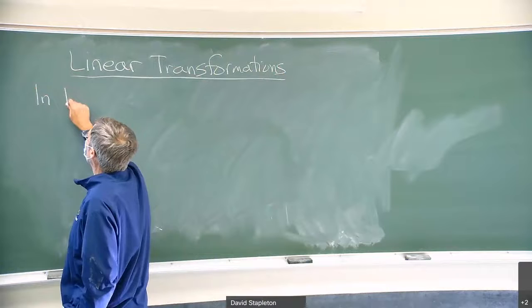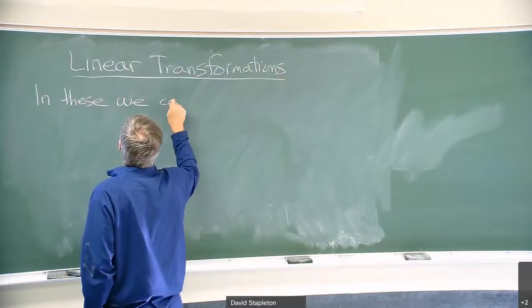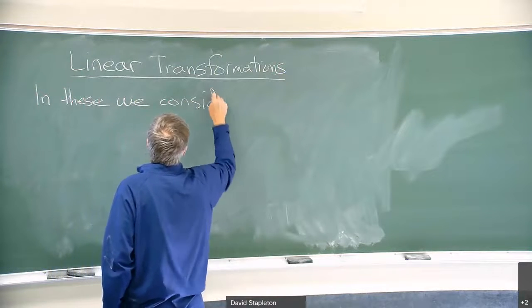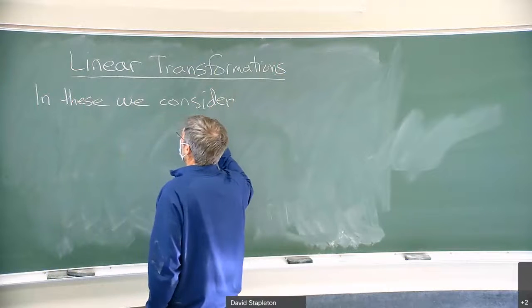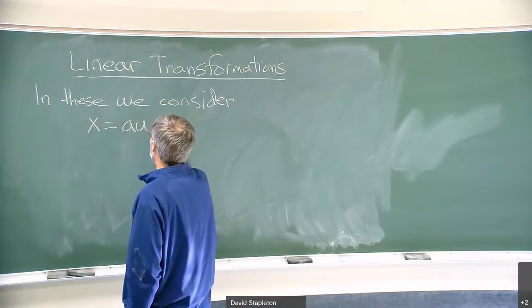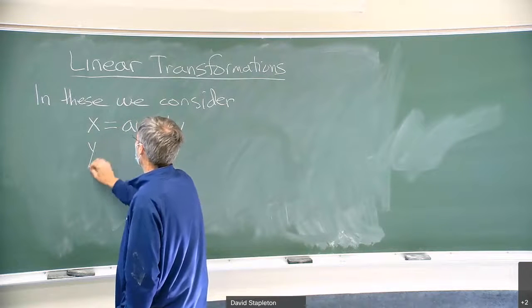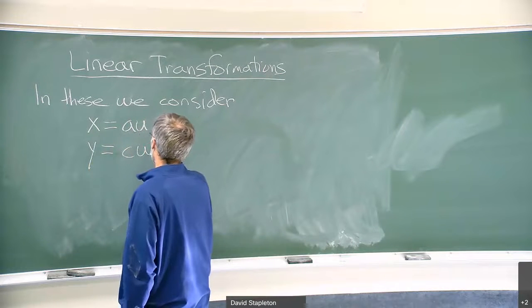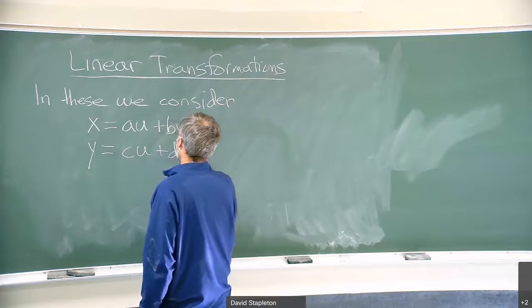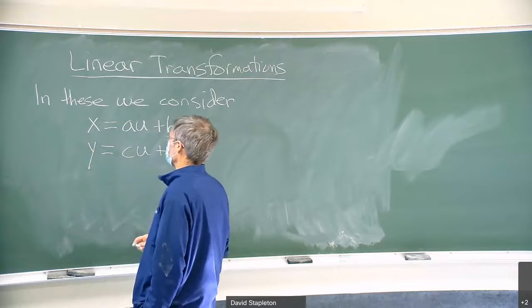In these, we consider x given as a u plus b v, y equals c u plus d v, where a, b, c, and d are just numbers. So these are linear transformations.